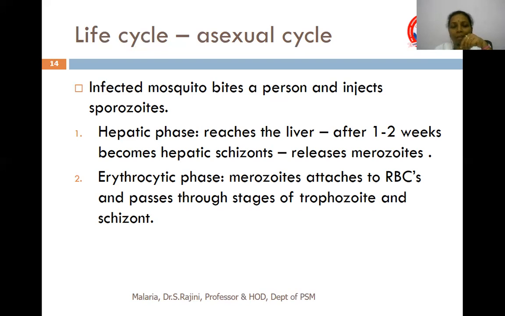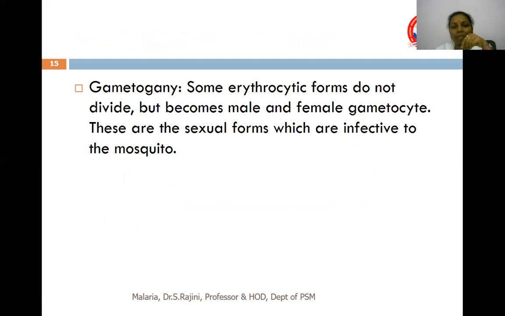So what is happening in the liver we call the hepatic phase, and what is happening in the RBCs we call the erythrocytic phase, where the merozoites attach to the RBCs and pass through the stages of trophozoite and schizont. Okay, so these two stages develop later. Gametogony: some of the erythrocytic forms do not divide but become male and female gametocytes.